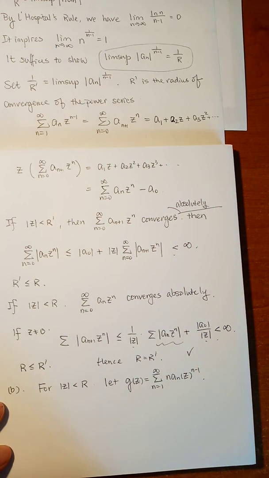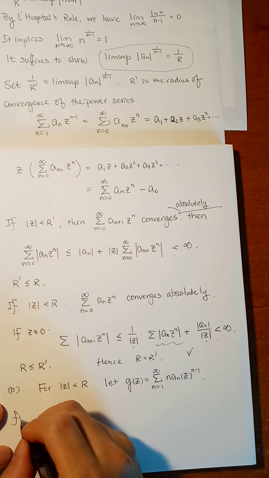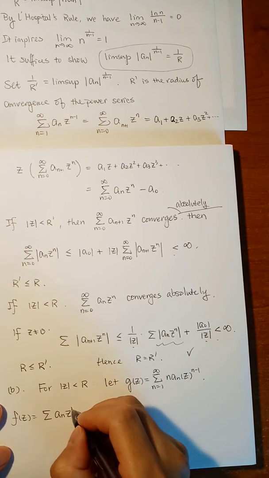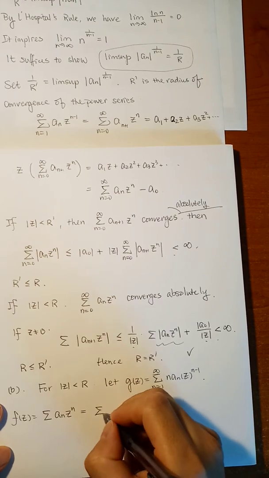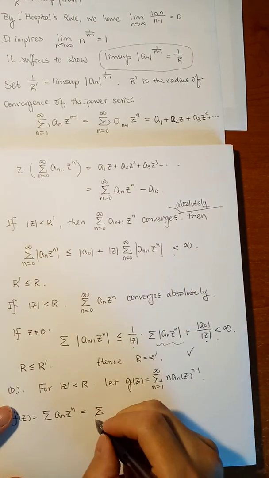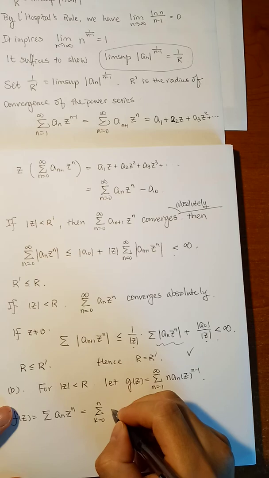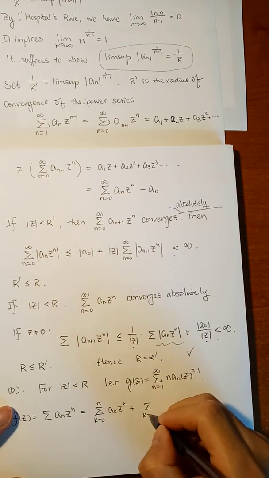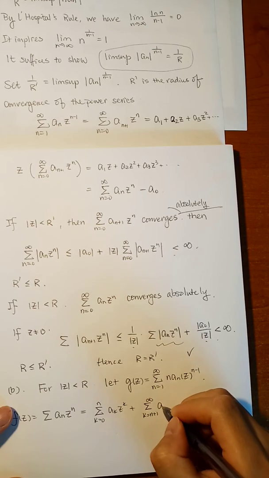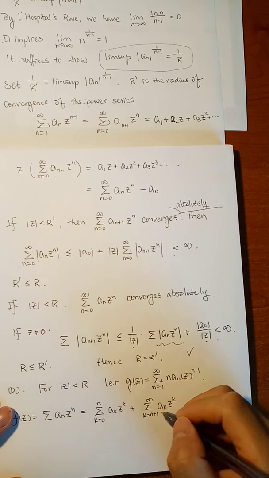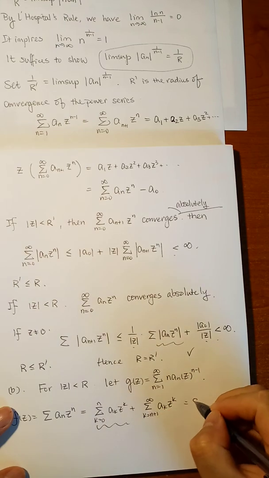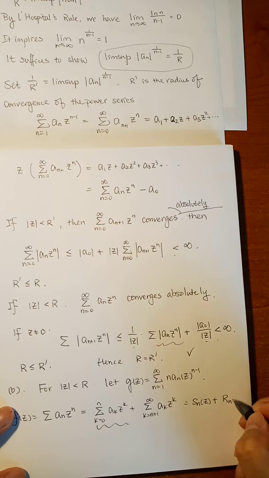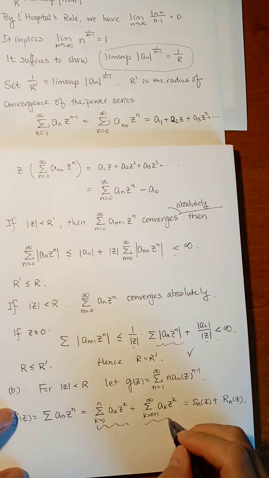Okay, and f is the sum of a_n z^n. So we get the partial sum, k from 0 to n of a_k z^k, and k from n plus 1 to infinity of a_k z^k. A partial sum plus a tail, and this part is called S_n of z. The remainder is R_n of z.